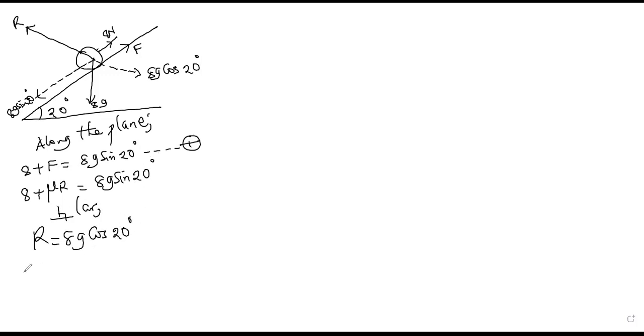When you substitute, you'll have 8 plus μ times 8g cos 20 equals 8g sine 20, isn't it? So we're interested in μ.